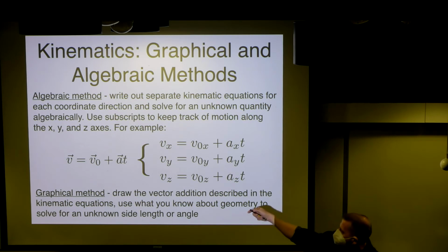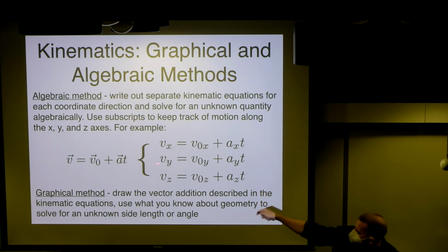So if I'm moving in 3 dimensions, I look at this equation and I realize that's actually 3 separate equations. That's an equation for the x direction of motion, the y direction of motion, and the z direction of motion, kind of condensed into this simple form. I can expand it out this way if I want to. So we have a separate kinematic equation for each coordinate direction.